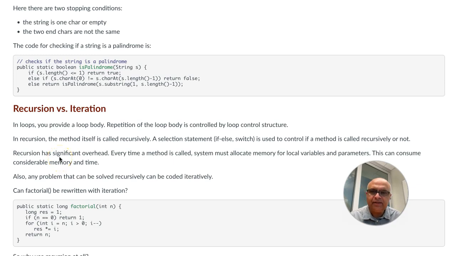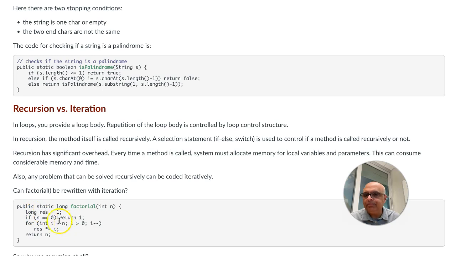Now, recursion, this is very important. Recursion has significant overhead. Every time you call the method, the system allocates memory, an activation record for all the local variables and parameters, right? And if you keep on doing that, it's consuming memory and time, right? The key thing to note is that any problem that can be solved recursively can also be coded iteratively with loops, right?